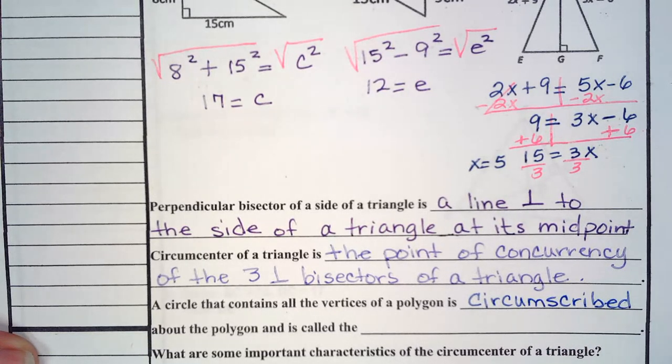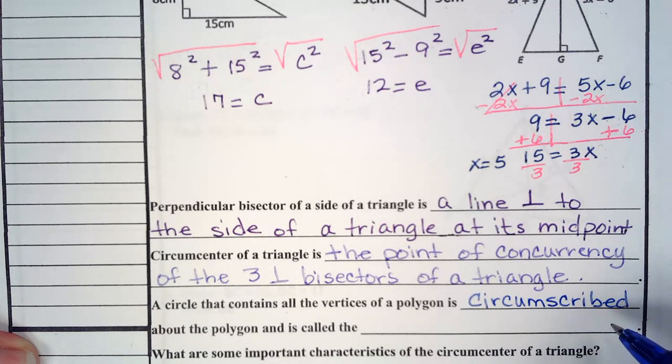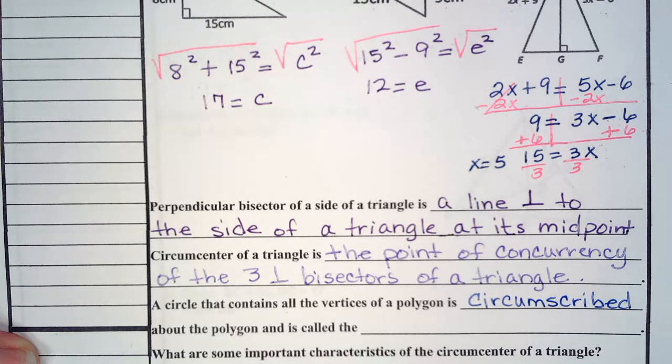So if it's circumscribed about the polygon, what would it be called? What kind of a circle would it be? Think logically. Well, circumscribed circle.